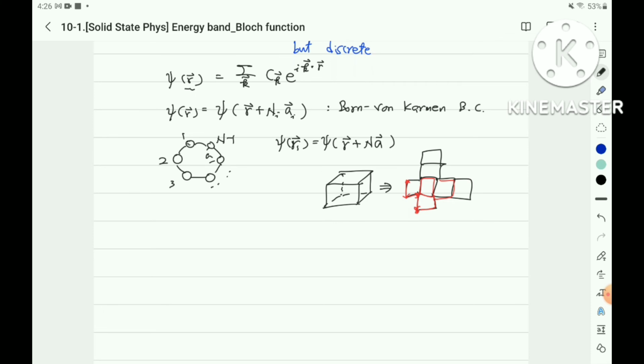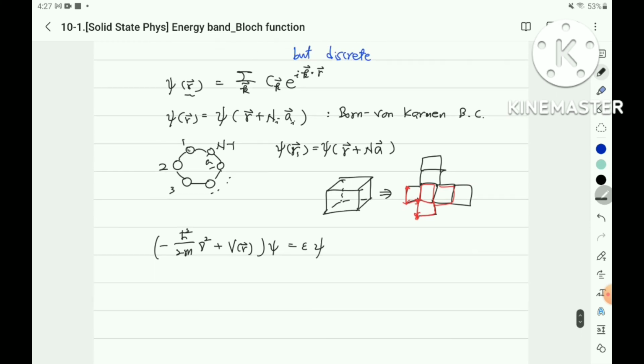And here, from the Schrödinger equation, I will write it again. It is minus h bar squared over 2m del squared plus V(r), psi equal to epsilon psi.